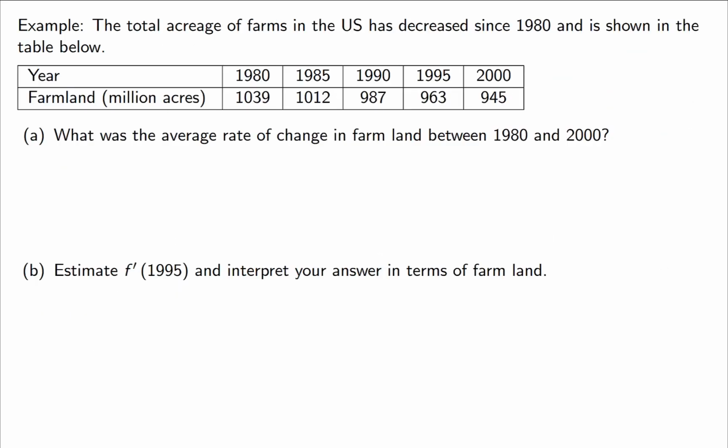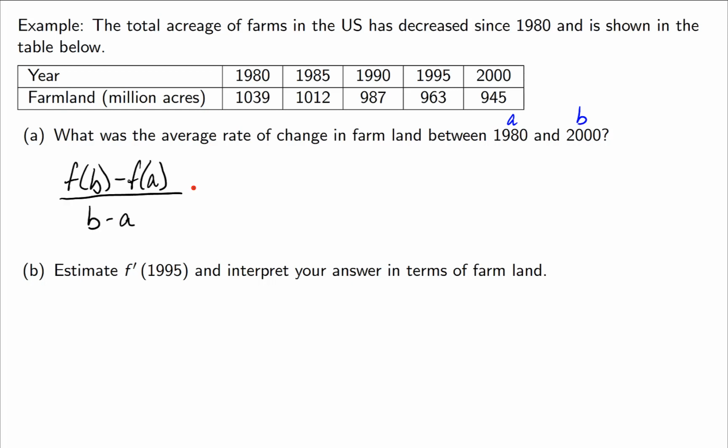For our final example, let me show you a little shortcut that you can use when you want to take table data and find the actual instantaneous rate of change, or you can call it the derivative, at a given point. Here's the total farmland in millions of acres in the US since 1980 through 2000. For the first question, what is the average rate of change between these 2 points, 1980 and 2000? Remember, 1980 and 2000 would be your A and your B, respectively.